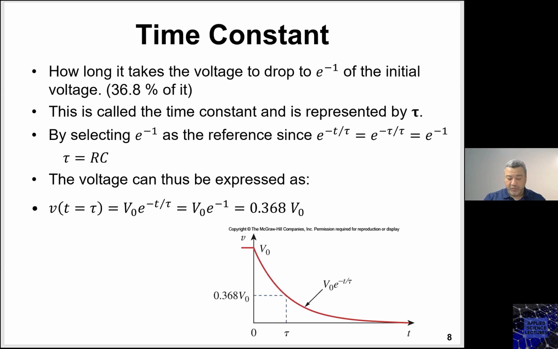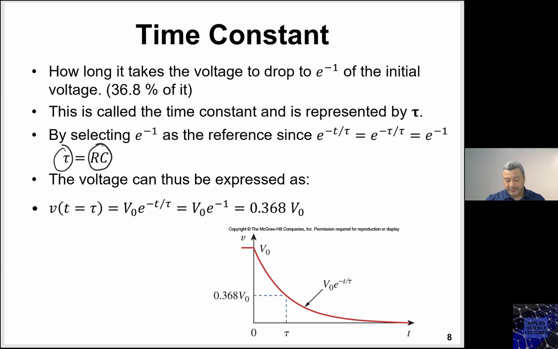Now, we said that we're going to talk about this RC, and this RC we call the time constant. And what does it mean? The value of the capacitance times the value of the equivalent resistance that this energy is seeing defines what's called tau, the time constant, which is basically how long it takes for the voltage to decrease from the initial voltage to 36.8% of this initial voltage.